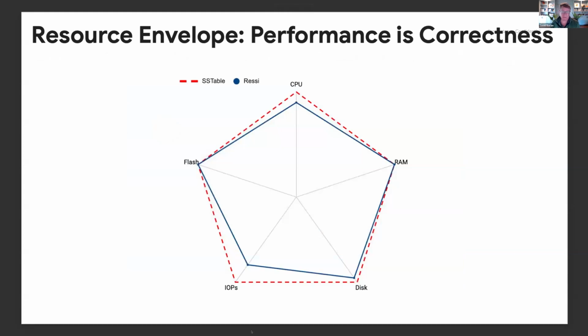Not only did we have this huge burden of semantic correctness for this incredibly complicated system, but when you're migrating, the performance envelope of the system, to a certain extent, defines what your users consider correctness, right?